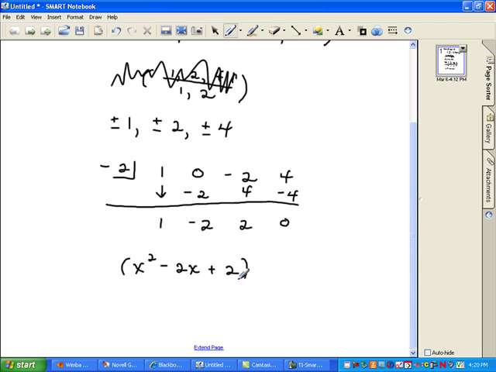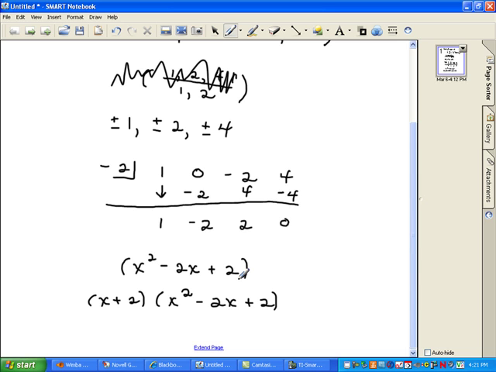So the real zero, the only real zero that we have is -2, and the factored version, if we go backwards from -2, is x plus 2, and the answer that we got when we did synthetic division. The bottom result gives the factors, x plus 2 times x squared minus 2x plus 2.